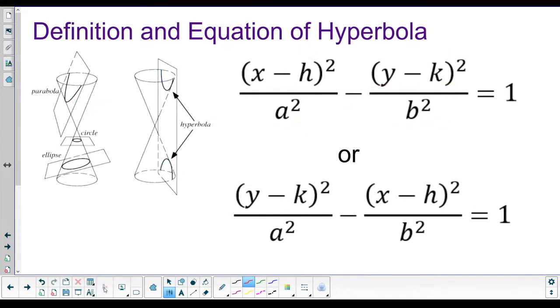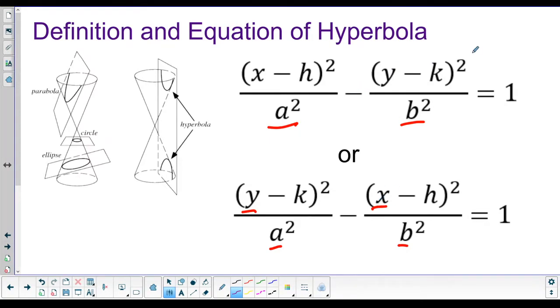So, all right. Just like ellipses, there are two different equations. There is this one, where the a term is under the x's, and the b term is under the y's. And then there's the obvious other version, where the a is under the y's, and the b is under the x's. What is far more important, though, is which term here is negative.